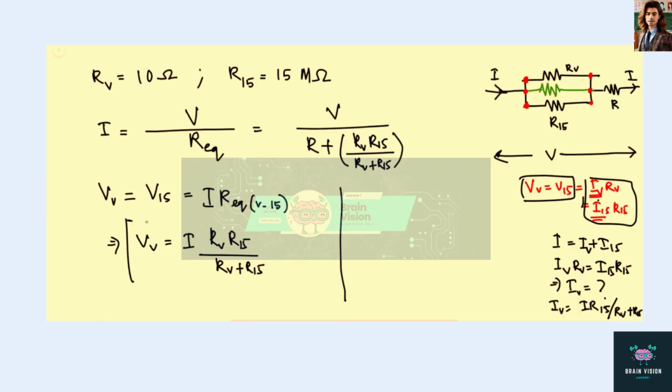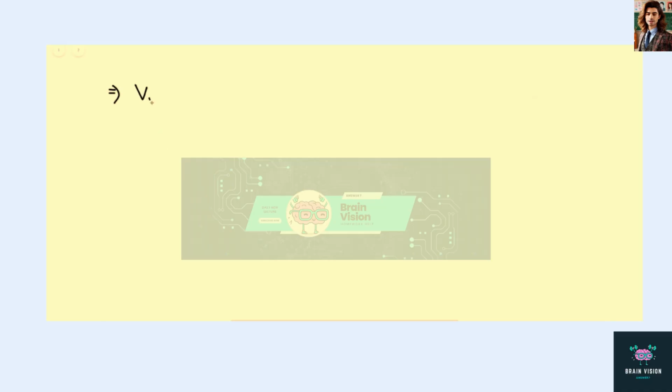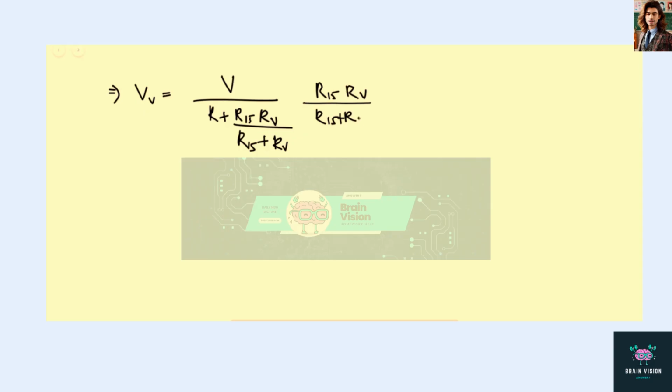Now I have this equation and this equation for I. Now I'm going to plug the expression of I over here. So I'll get VV equal to V over R plus R15 RV over R15 plus RV, times R15 RV over R15 plus RV.